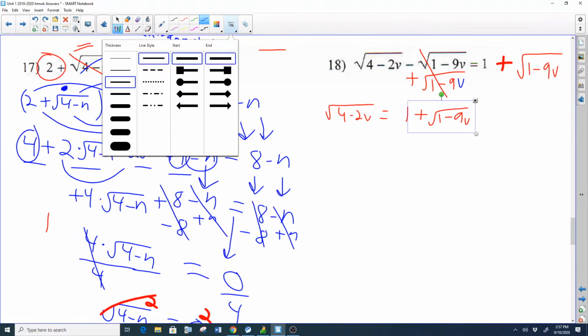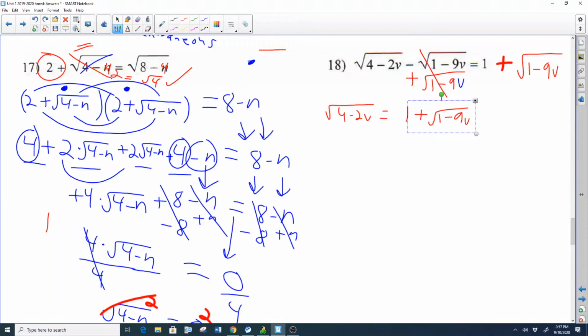Now that we have one of the radicals isolated, we can square both sides. But remember, you have to square the whole thing. Now this will be nice because the radical just goes away, so we're left with 4 minus 2v.